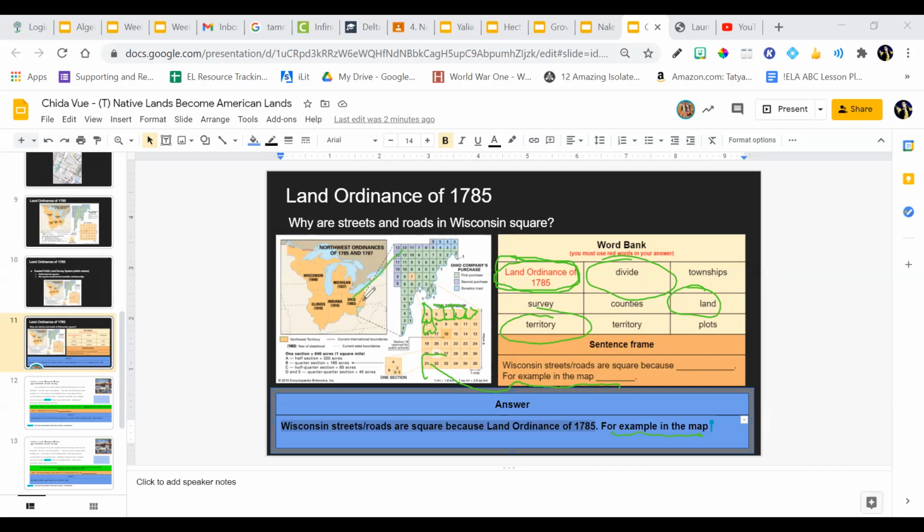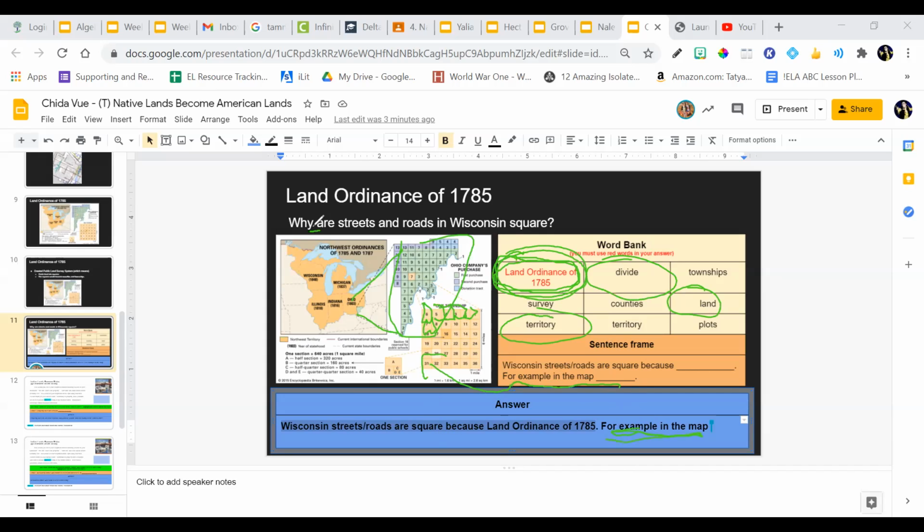Again, the goal of this answer is to explain what the Land Ordinance of 1785 is and what it did, okay?